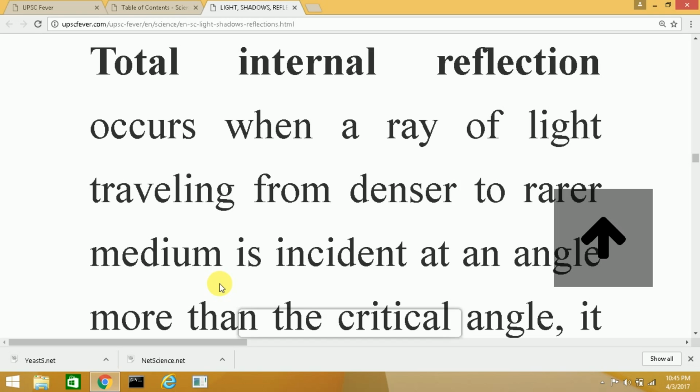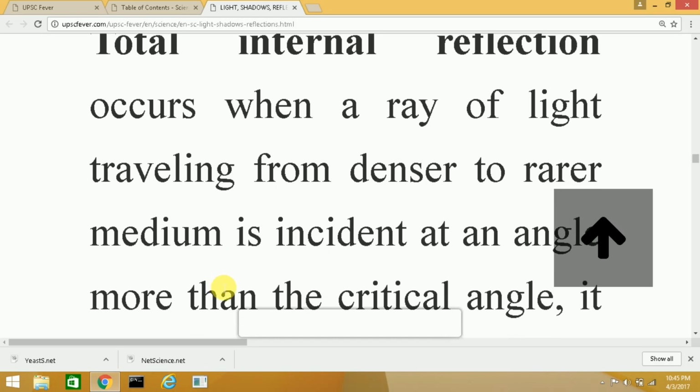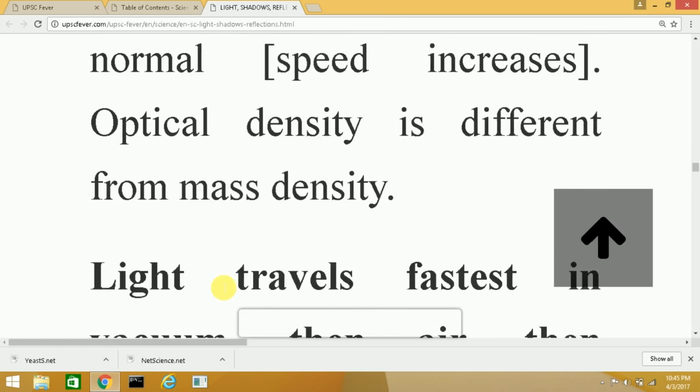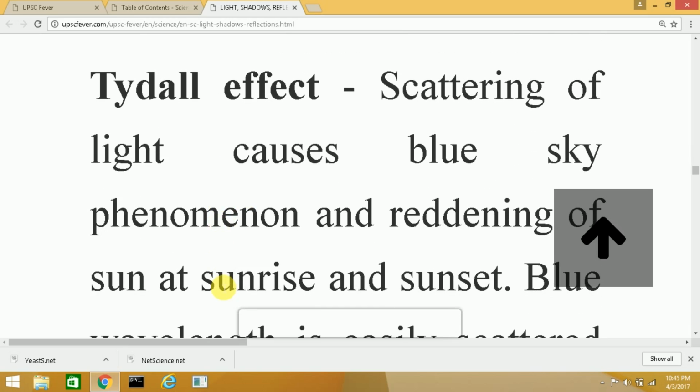Finally, the tidal effect. So you may note this down. It is also known as the tidal effect. It is known as scattering of light. So this effect is responsible for the blue sky phenomenon and the reddening of the sun at sunrise and sunset.